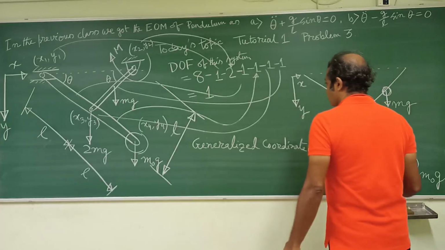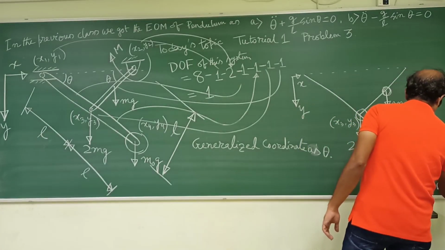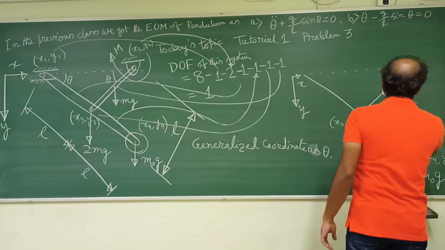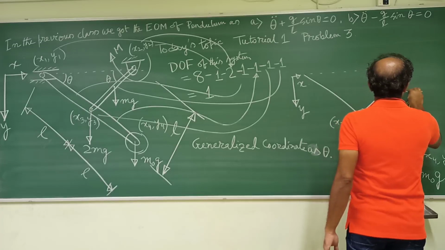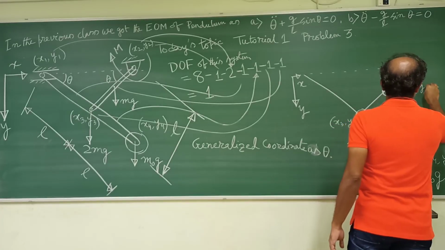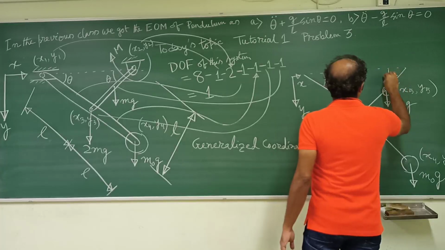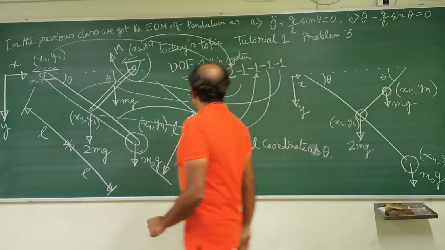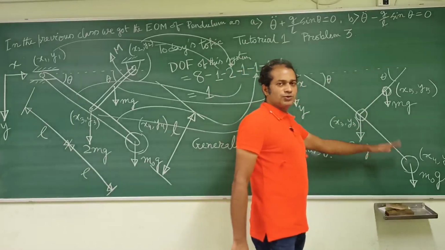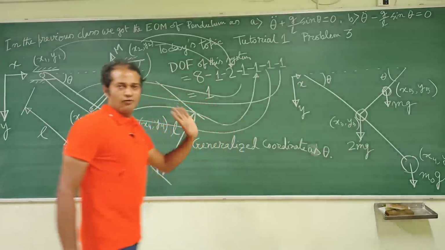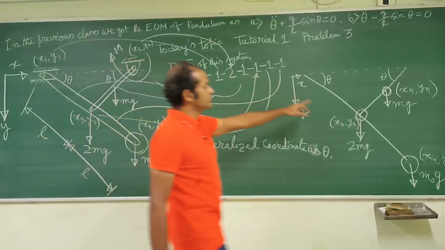This point is x4 and y4, and let's say I have not identified this point. Let's say it is x5 and y5. So this angle is theta, this angle is theta. So you are going to get the position of each and every point with respect to theta. One variable is good enough to describe the whole system, each and every position of the mass.